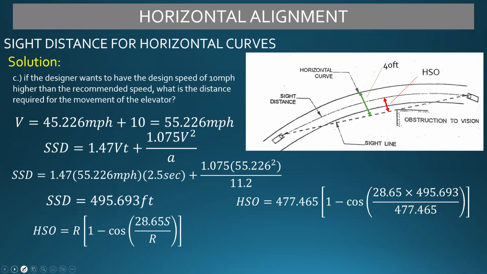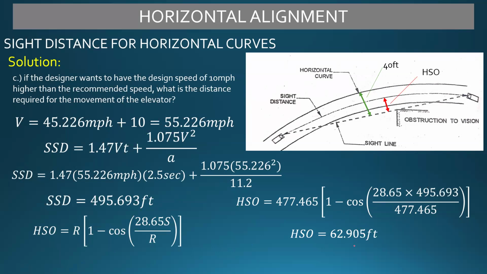So substitute our R, which we obtained earlier, 477.465, into 1 times 1 minus cosine of 28.65 times 495.693 over R, 477.465. You will get an HSO of 62.905 feet.